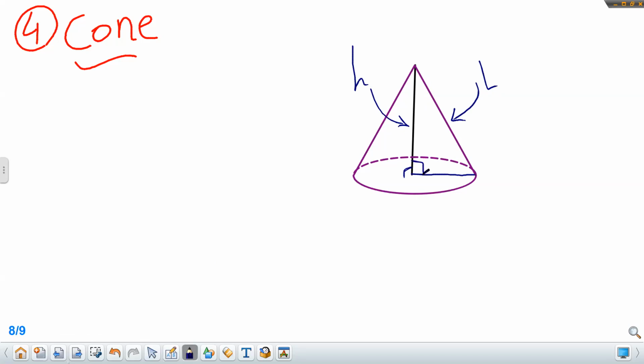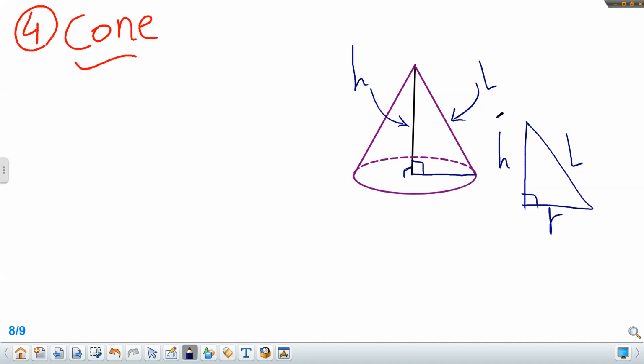So we have a right angle triangle inside the cone, containing 3 sides. The hypotenuse is the slant height, which is the biggest one, and one of the sides is the height, and the other is the radius of the base.